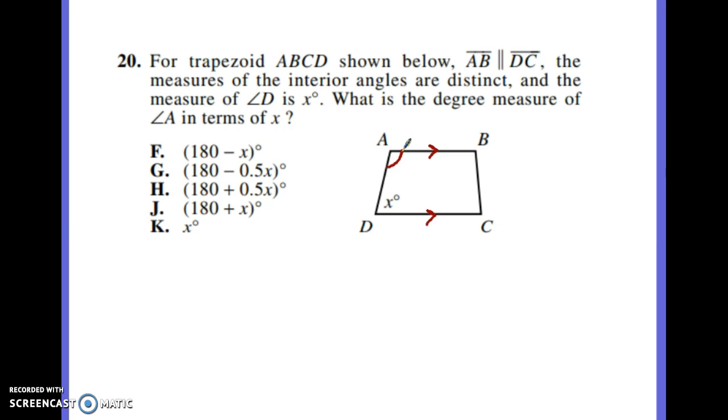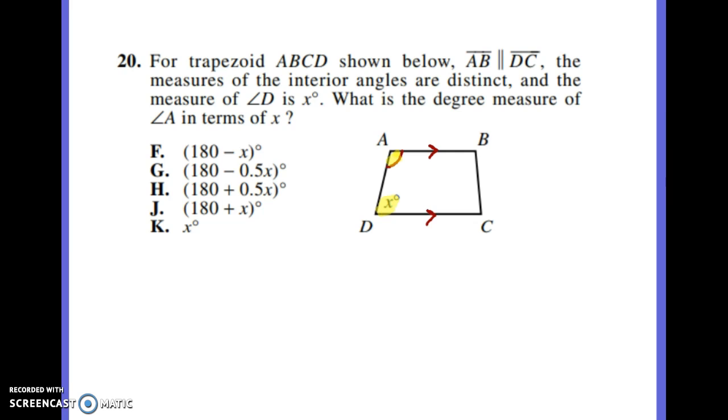Now, since AB and DC are parallel, these angles here are same side interior angles or consecutive interior angles. One is acute, one is obtuse. They are not the same, but they are supplementary.